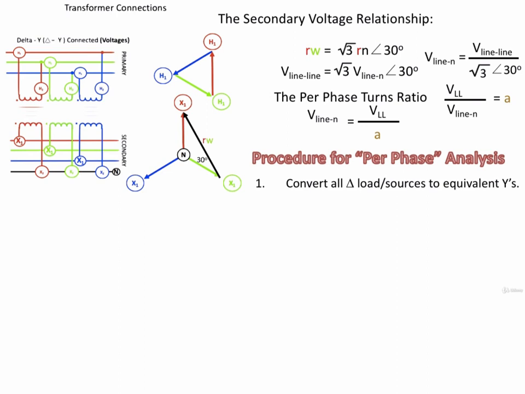Now, in order to look at the phase relationship of the primary, of course, there is no neutral, so we have to come up with a hypothetical neutral, but we can do that because it's a balanced equation. And the procedure for a per phase analysis, the step 1 procedure, is to convert all delta loads and sources to their Y equivalents.